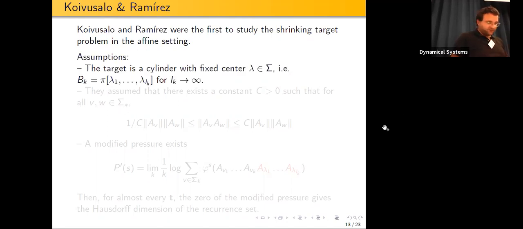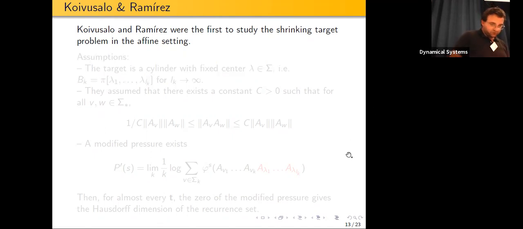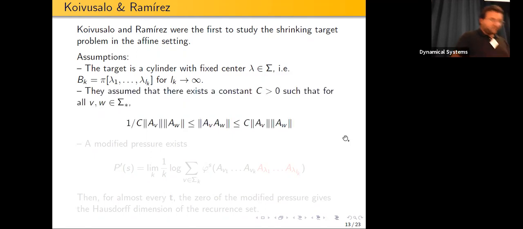Okay, so what are the assumptions exactly? Well, they looked at just simple targets that are cylinders, and you have a fixed center. So you take an infinite word and you shrink it down. You look at longer and longer words of these. They also assumed this quasi-multiplicity condition, which is quite a strong condition on the matrices, so that you can actually kind of separate them out.